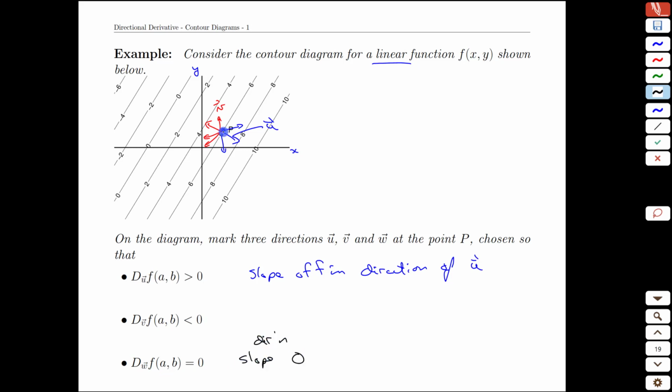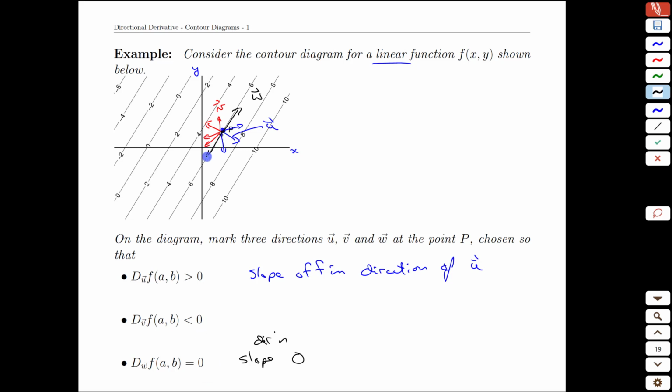Well, that requires staying at the same height we're at now. We are currently at height 6 because we are on this contour. The only way to stay at height 6 is to follow that contour. So if we take a step along this direction, imagining this line as a road, the special thing about this road is that it would be a perfectly flat road if we followed it. So we can pick w to be along that direction. We're going to stay at height 6 forever.